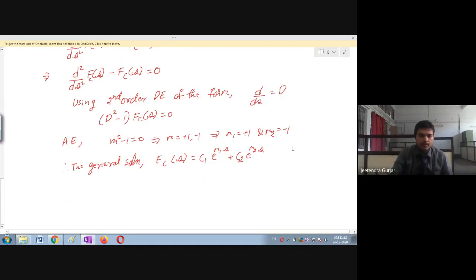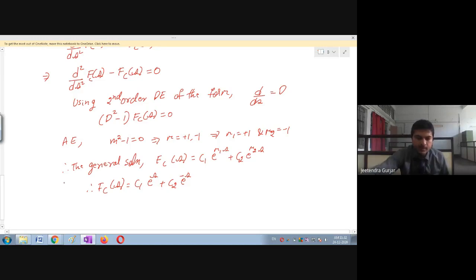Okay, now therefore I will write like this: f c s is equal to c1 e raised to s, because m is plus 1, then plus c2 e raised to minus s. You can see m2 is minus 1. Is it clear? Now this is our general solution, but we have to substitute the constant terms c1 and c2.